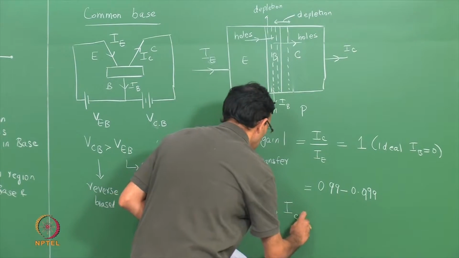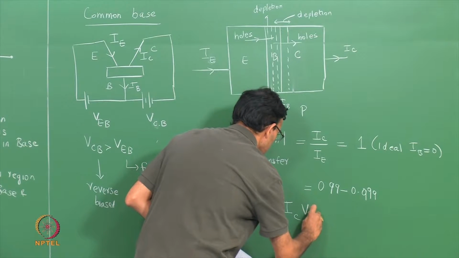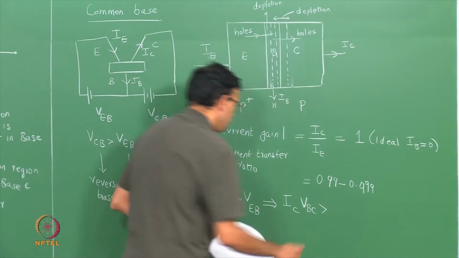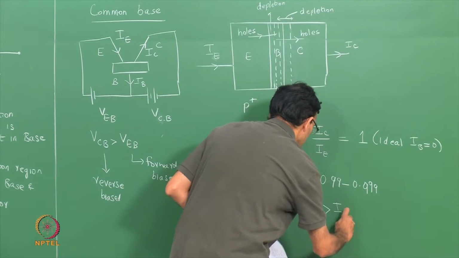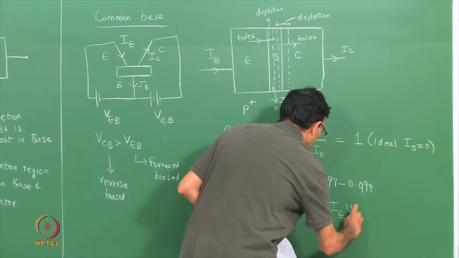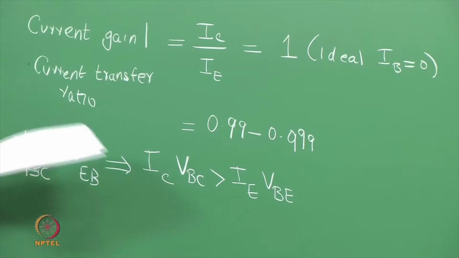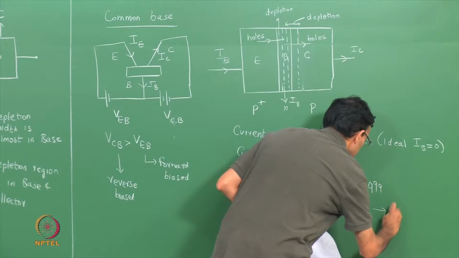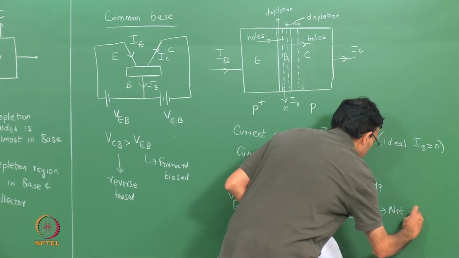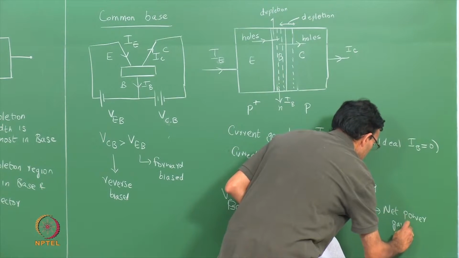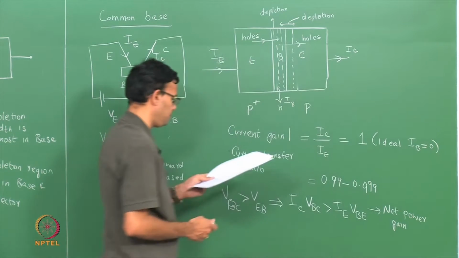So, you have IC VBC that is greater than the emitter current times VEB. So, you have a net power gain in your transistor.